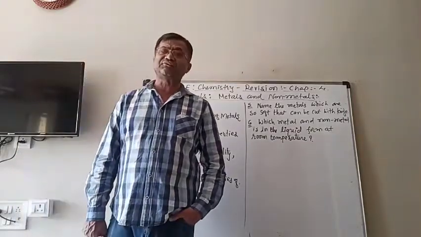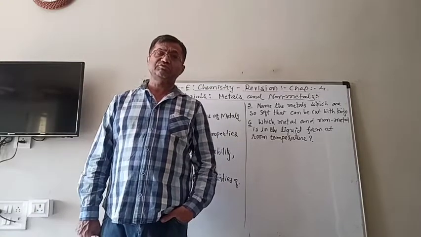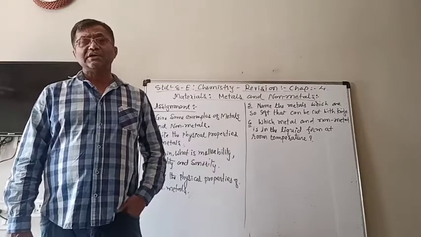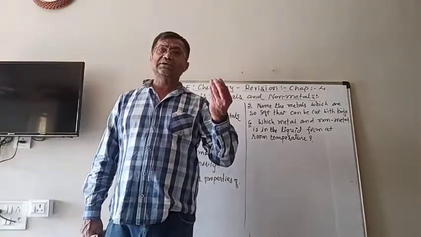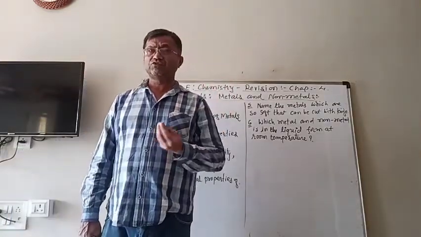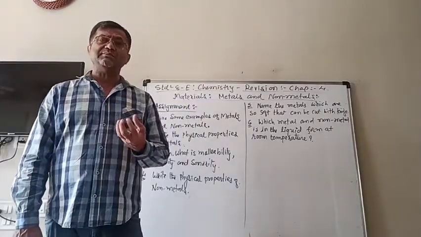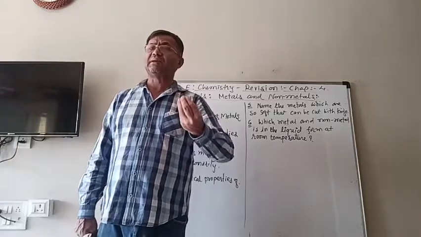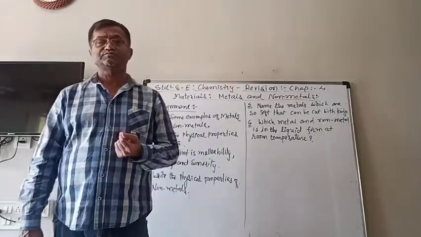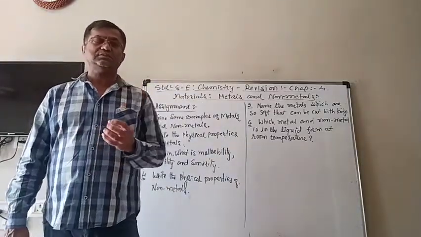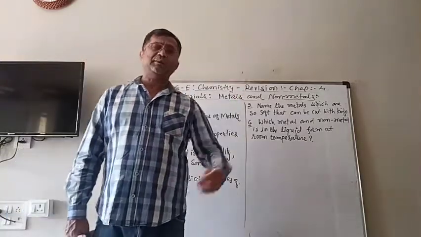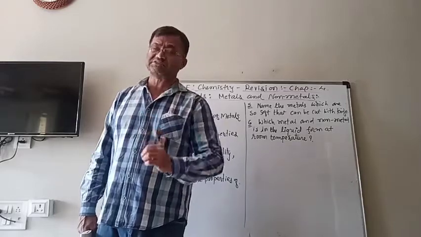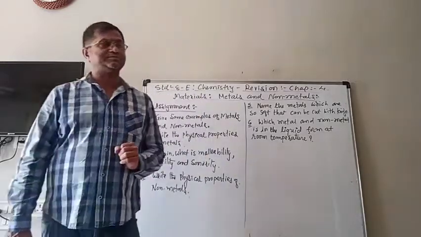They are so soft that we can cut them using a knife, the same way you cut a candle. But they have all other properties of metals, so they are categorized as metals, not non-metals.